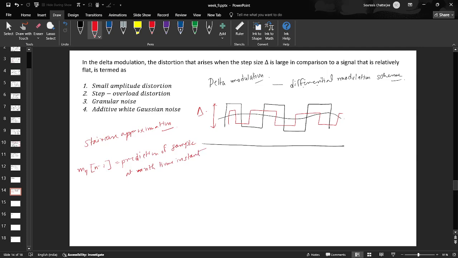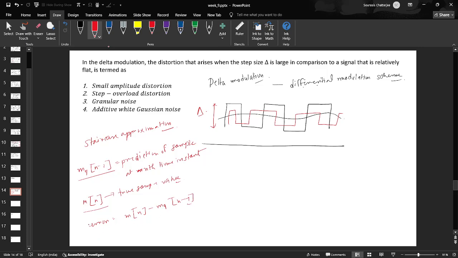So this quantizer is going to predict this value for the nth time instant, or you can say this is the reconstructed value, and m[n] is the true sample value. So of course you have reconstructed something, mq[n-1], and this is the true value. So of course there is always going to be an error. This is denoted as m[n] minus mq[n-1]. So this is your error.